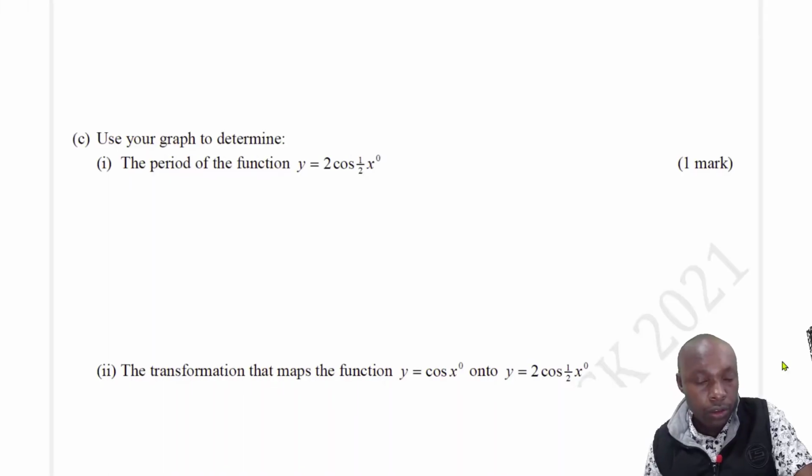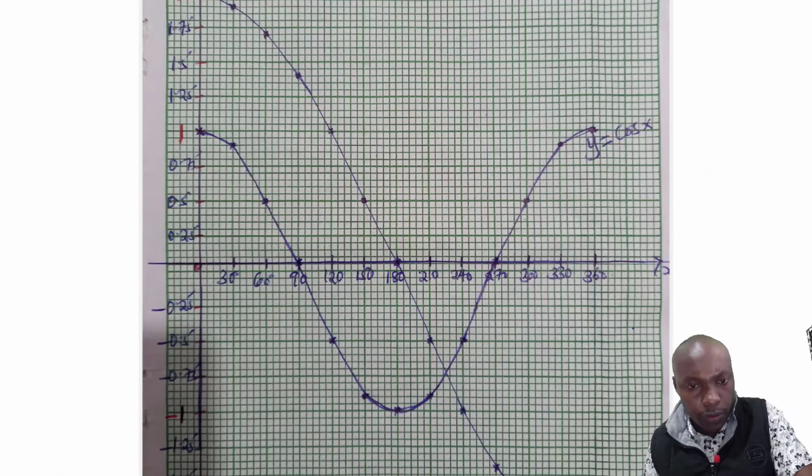Part C, use your graph to determine part 1, the period of the function y is equals to 2 cos half x. So we want to get the period for this curve. You can see that this is the curve.